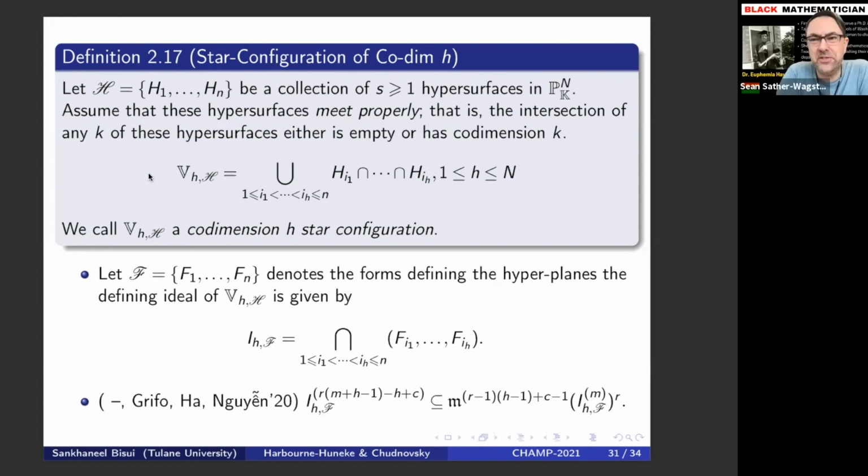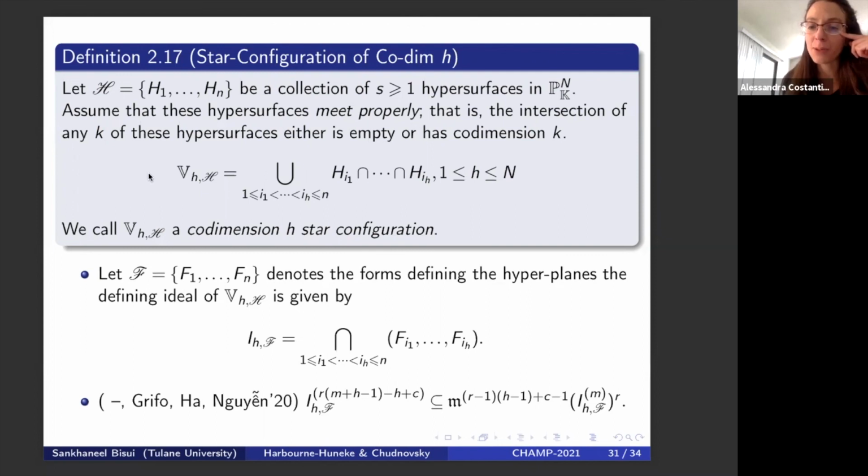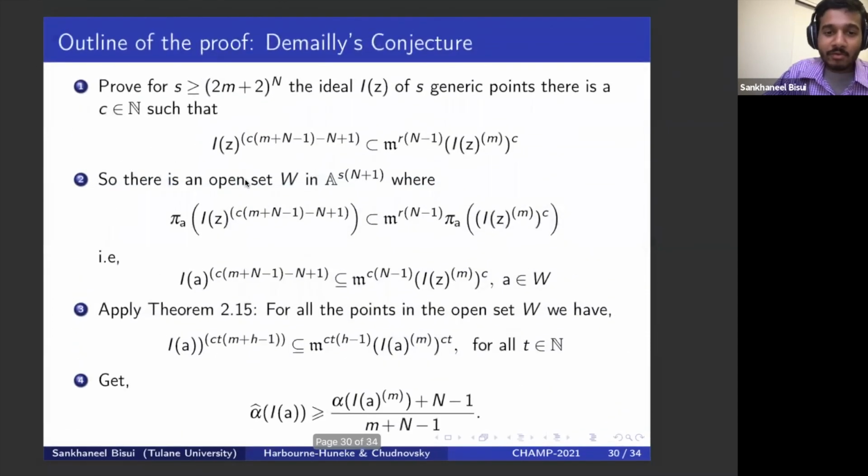Other questions? Actually, I have a follow-up. Do you know if this is the best possible containment? So when we were working, we were hoping for something stronger to happen. Suppose I is the ideal; we were hoping something stronger like this, with a minus n plus 1, but we could not prove it.